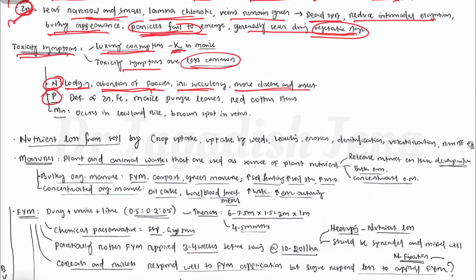Then phosphorus toxicity causes deficiency of zinc and iron. In maize, purple leaf will form; in cotton, red-colored stem will form. Then manganese toxicity occurs mostly in lowland with organic soil, and brown spots in veins happen.